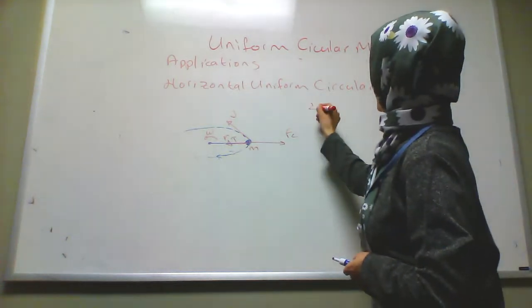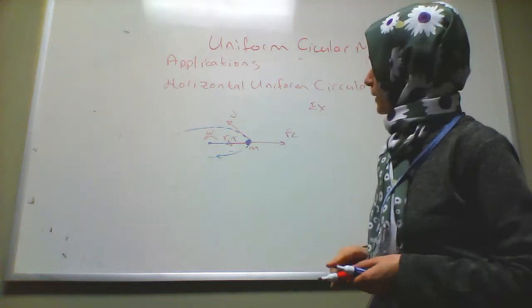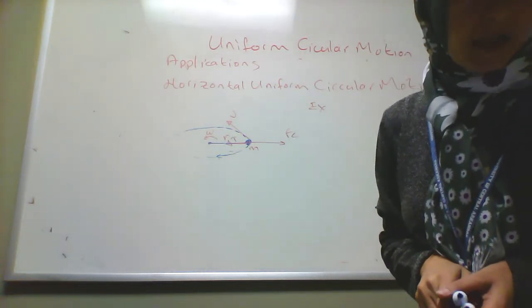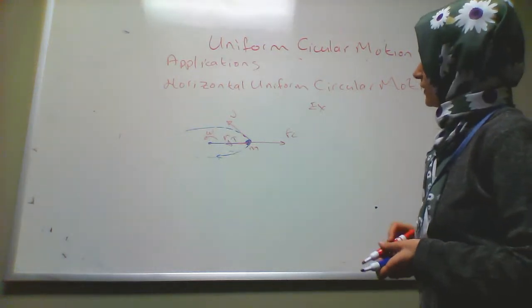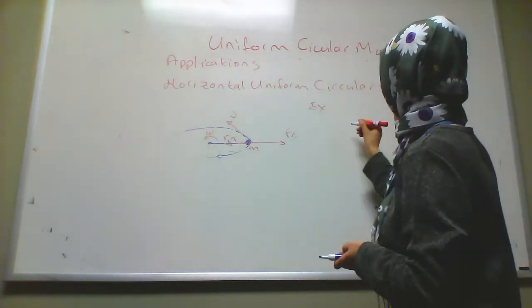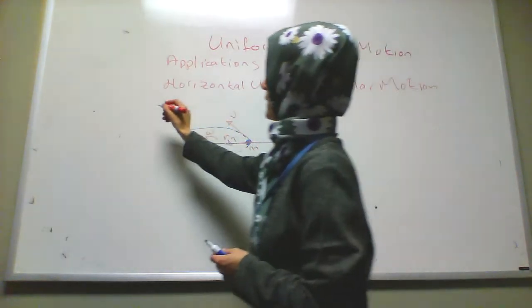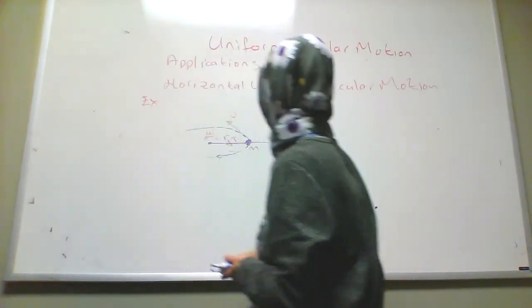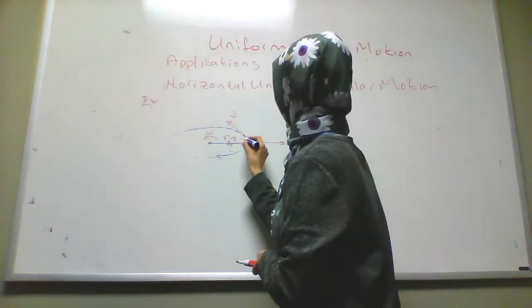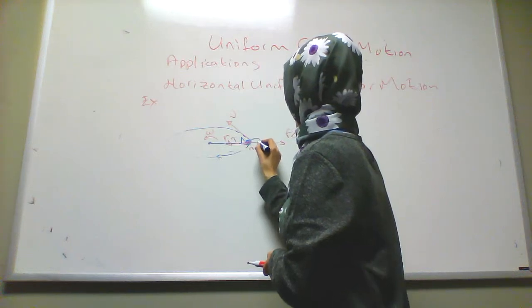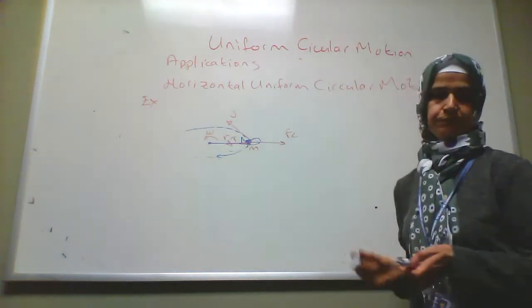So let's move on to an example and understand this better. There is a kid playing with an airplane, rotating the airplane along a horizontal axis, like this one. Let me use this actual figure. A boy playing with an airplane, rotating it along a rope.